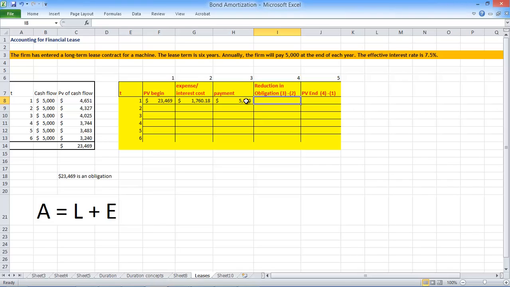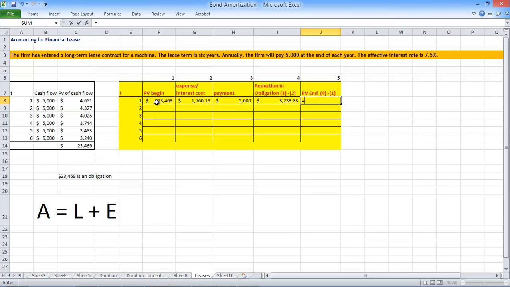So you subtract this from this, and you have effectively paid 3,239. So your liability is reduced because you have effectively paid this. This is your interest expense, and this is your payment.